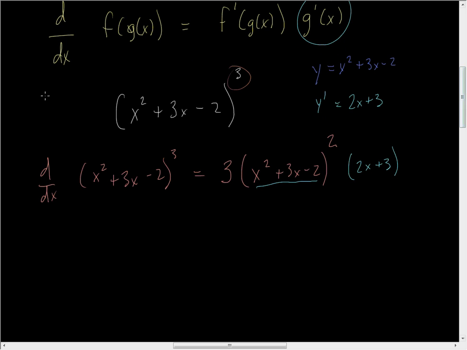So if we wanted to go about rewriting this, we could say the derivative with respect to x of y to the third is equal to 3 times y to the second times the derivative of y, the derivative of what's inside.